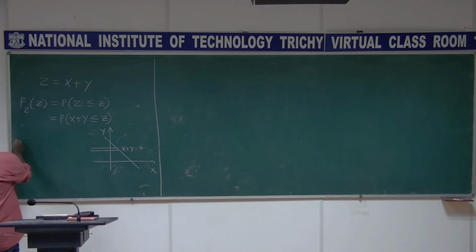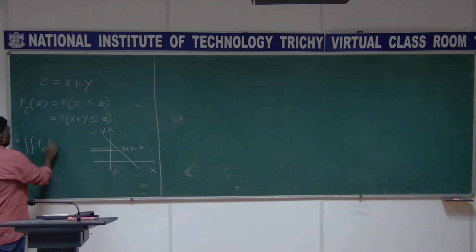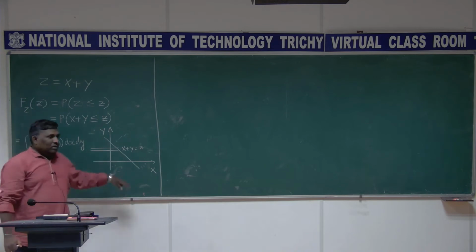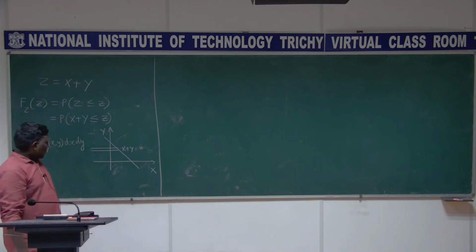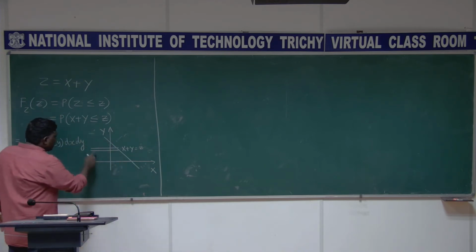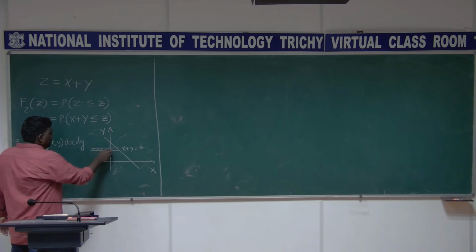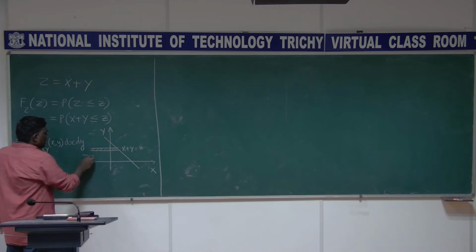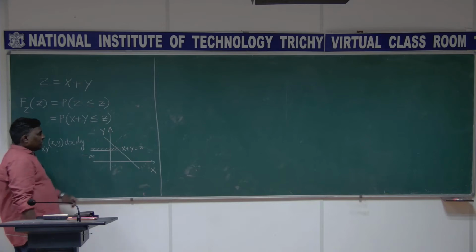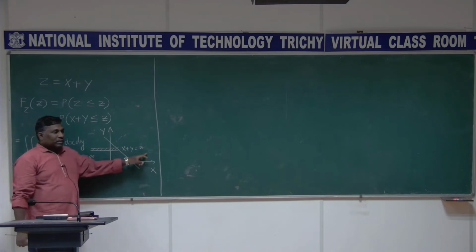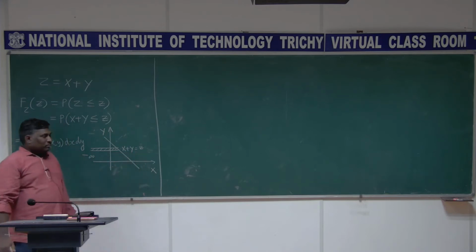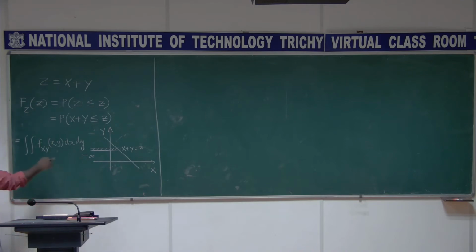So this is a double integral, and we need the limit for X as well as Y. As I have taken this horizontal strip, X starts from minus infinity and goes up to z minus y.